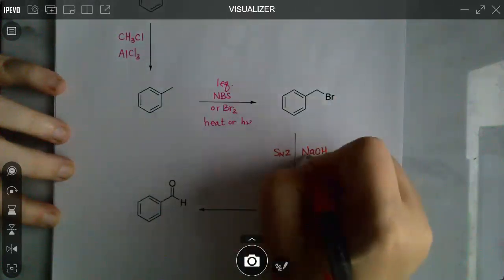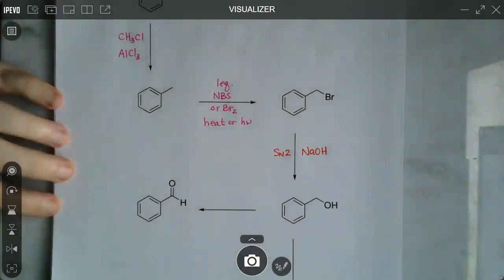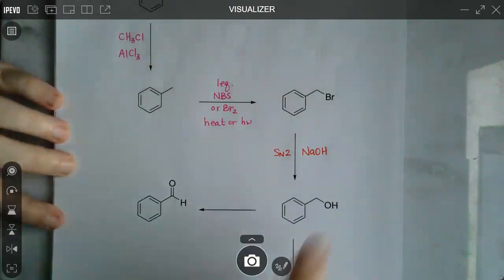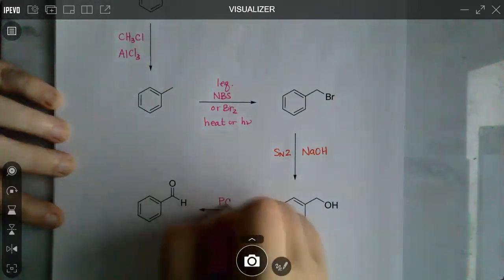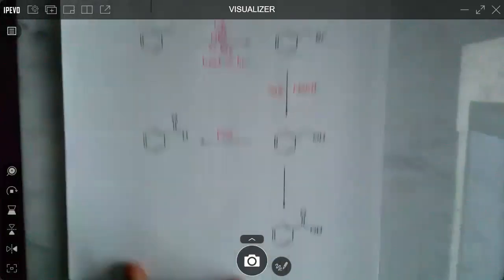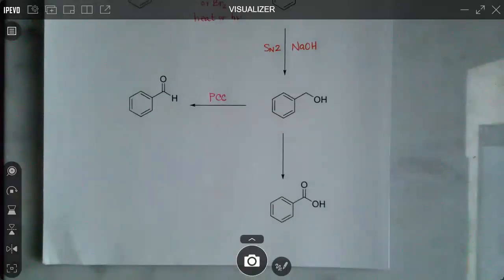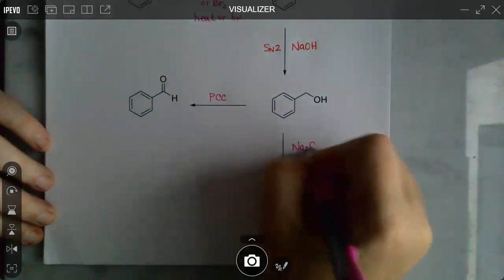SN2 requires a strong nucleophile, so we're using sodium hydroxide. From here, we can oxidize the primary alcohol to an aldehyde using PCC. And we can oxidize the primary alcohol all the way up to a carboxylic acid using sodium dichromate.